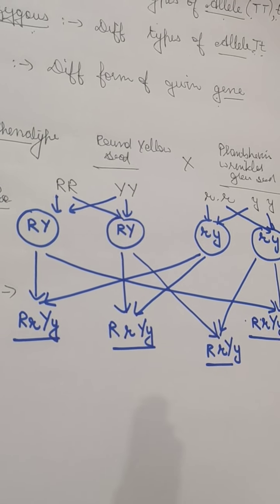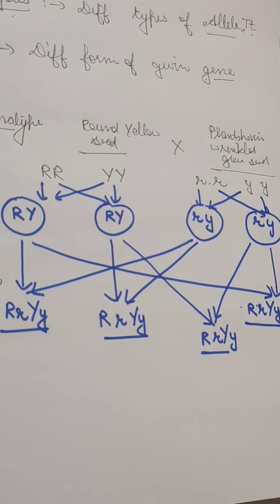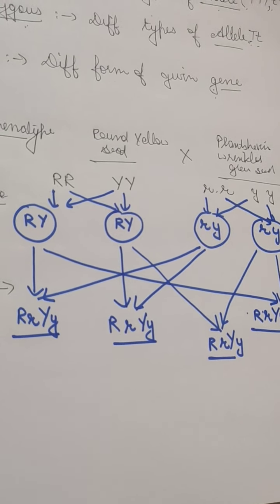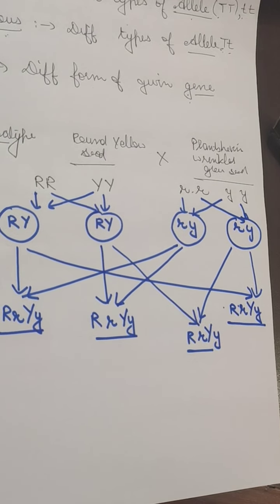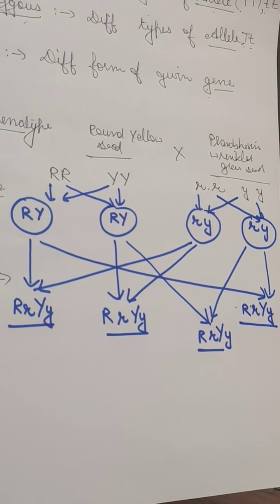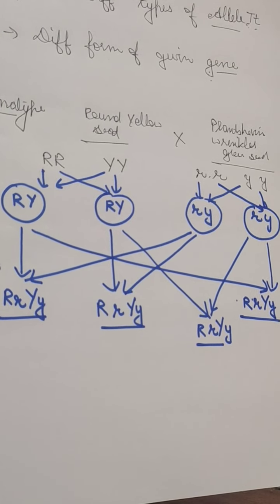Okay, so we have discussed already in our previous lecture that recessive genes can only show their characters when the other pair is also of the recessive gene. But here there is no other pair of recessive gene. The recessive gene is always placed with the dominant gene. So only the dominating gene will show the character.